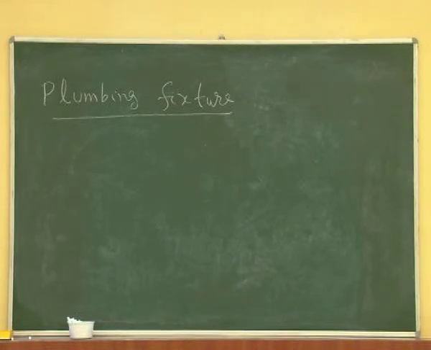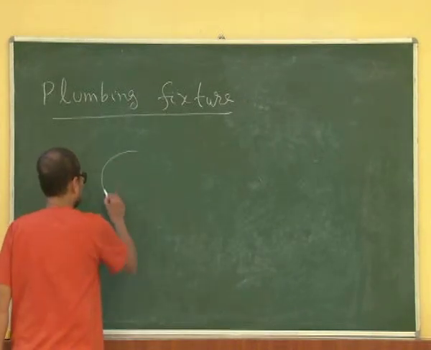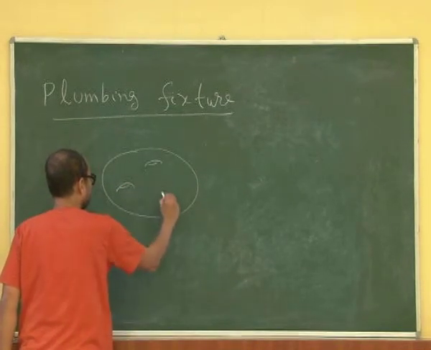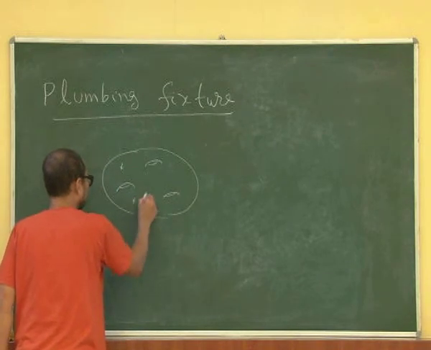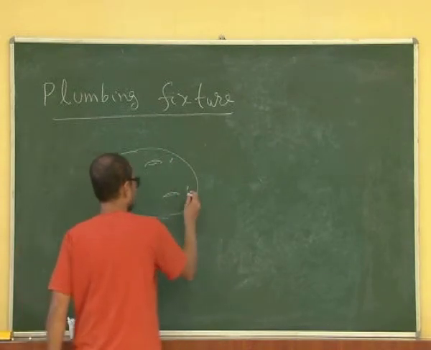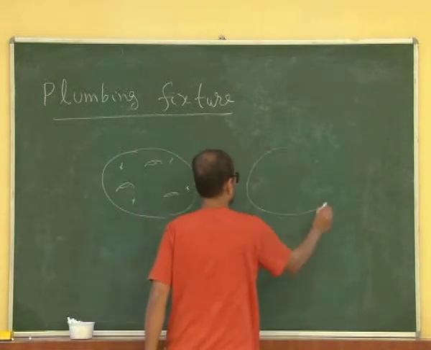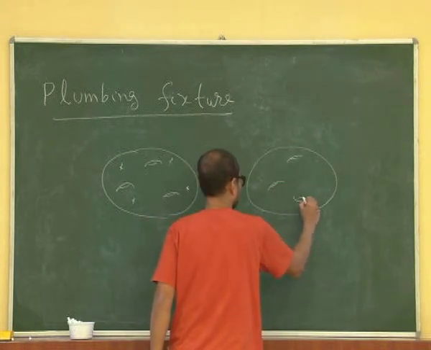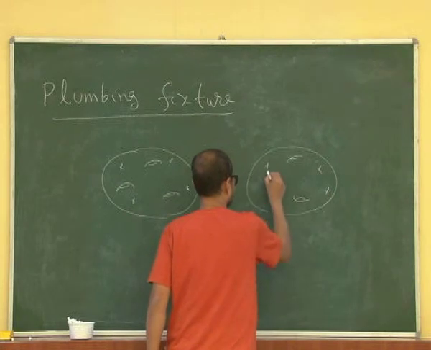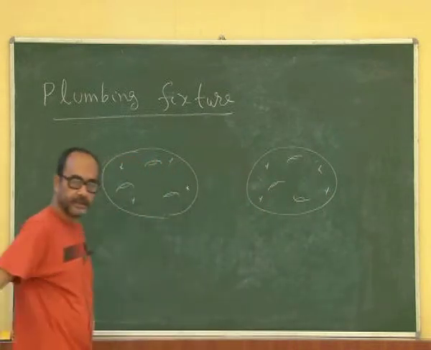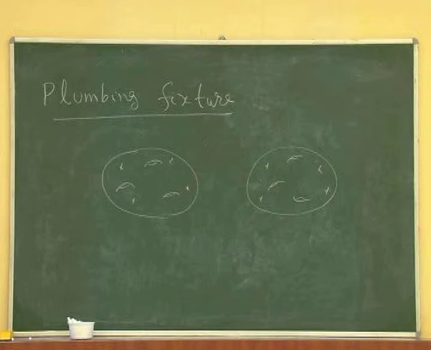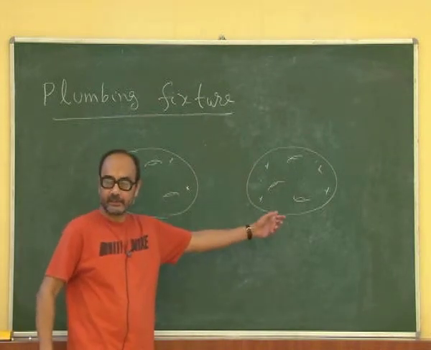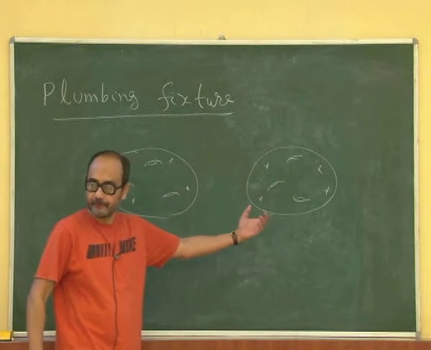So what is plumbing fixture? Let me first illustrate pictorially. So imagine that you have two Riemann surfaces with various punctures. Plumbing fixture is a procedure that allows us to join these two Riemann surfaces to form a single Riemann surface.